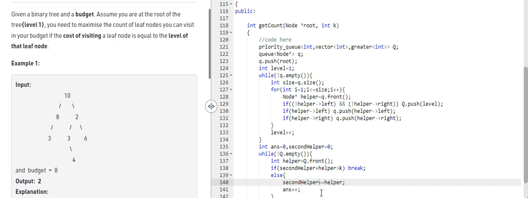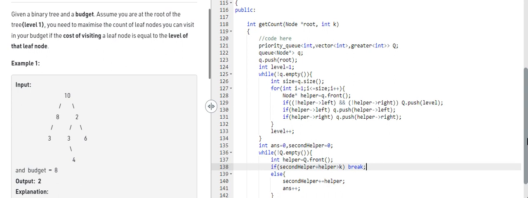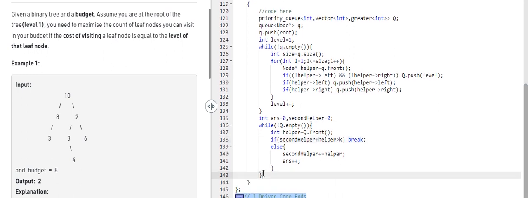Then the loop runs again, and this time helper has 4. Here we check 4 plus 6, second helper has 6, helper has 4, so 4 plus 6 is 10, and 10 is more than 8. Yes, so here the statement is break, and ans will not plus plus, so our answer is ans.